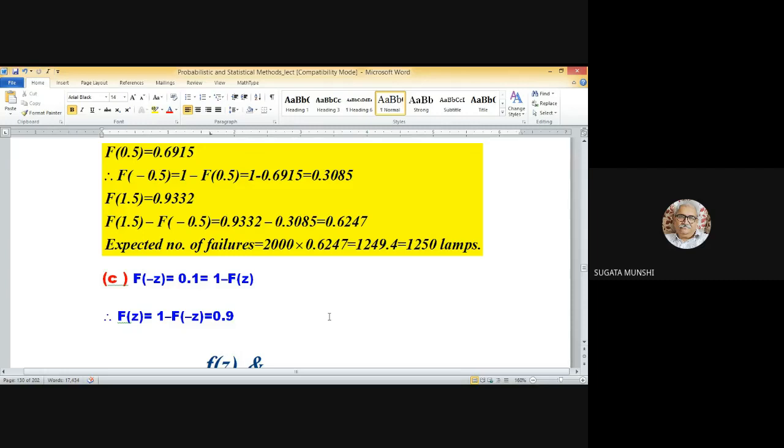For negative values of z, capital F will be less than 0.5, isn't it?